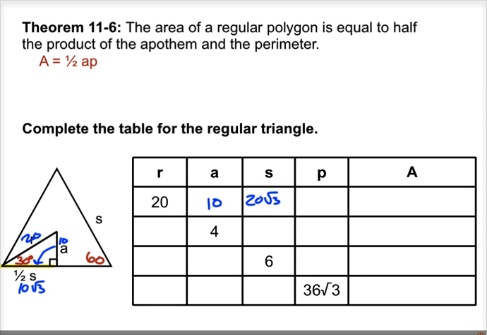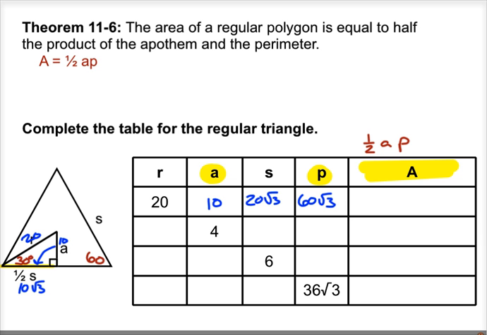Well, if one side of my triangle is 20 square roots of 3, and the triangle has 3 sides, the perimeter would be 3 times as big as that, which would be 60 square roots of 3. When I come to fill in the area column over here, based on my formula, I think I'm just taking 1/2 times whatever's in the apothem column times what's in the perimeter column.